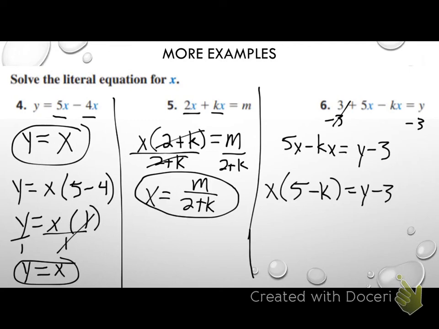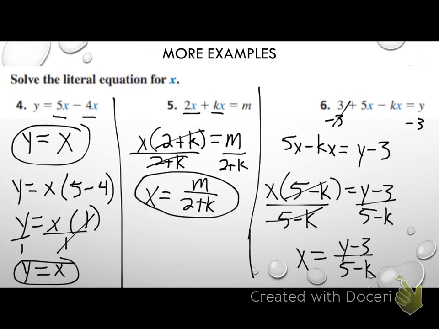Now what do I need to do? Divide by 5 minus k. Is x now by itself? Yes, it is. Any questions on these types of problems?